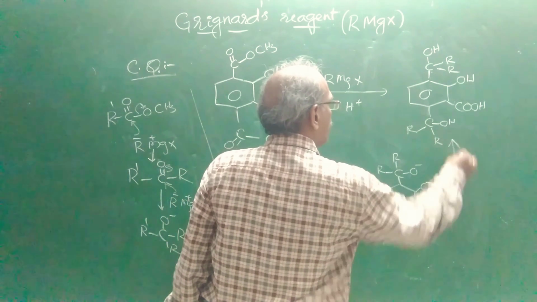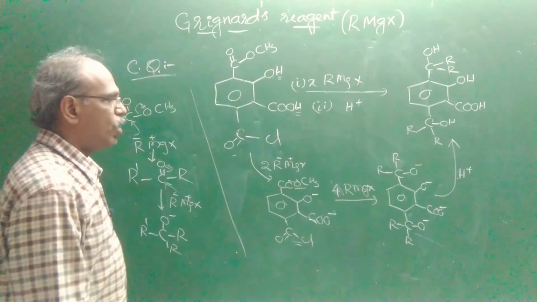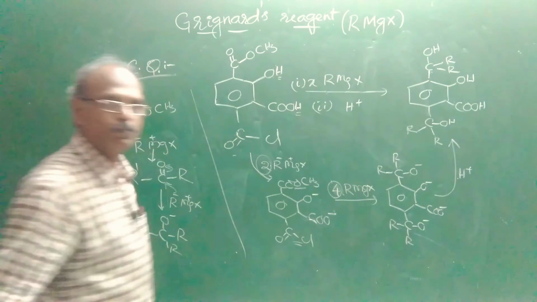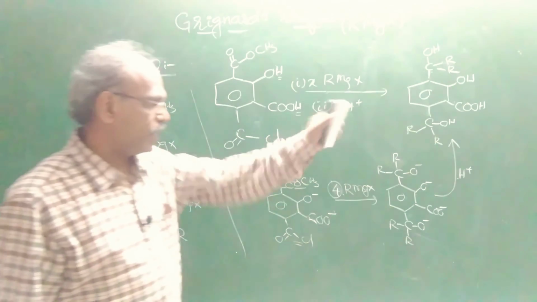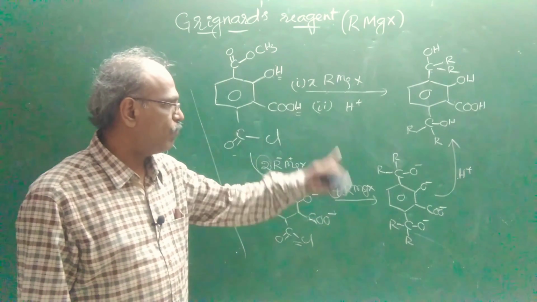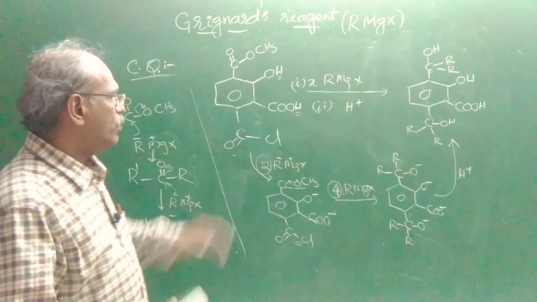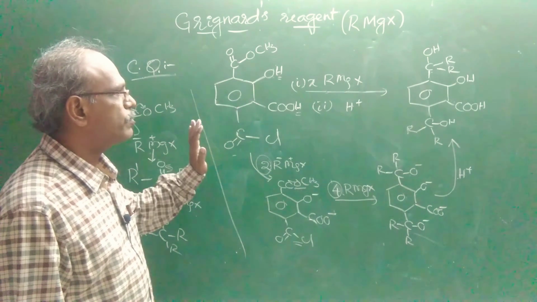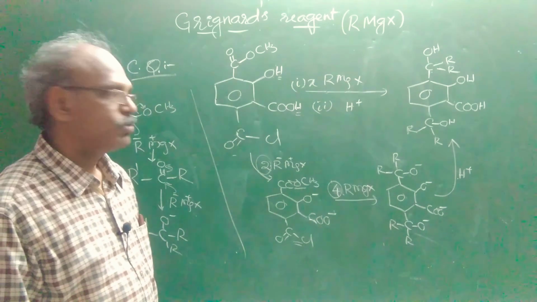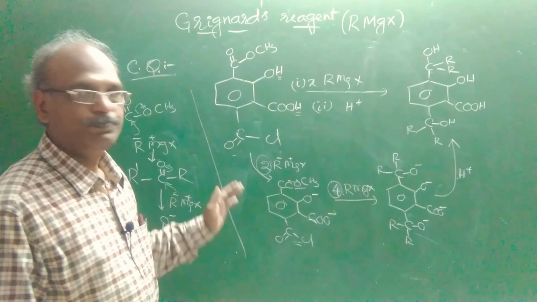After acidification, we get this product. Totally, how many moles? Here 2 moles, here 4 moles, so you have to look at the product also. So totally 6 moles of RMgX is consumed. You have to look at the functional groups and the product also, and based on that, you solve the problem.